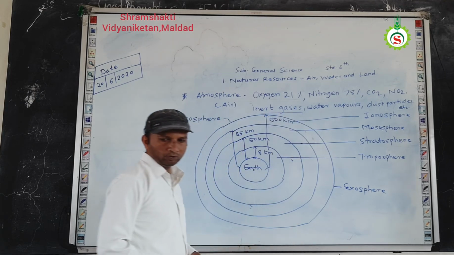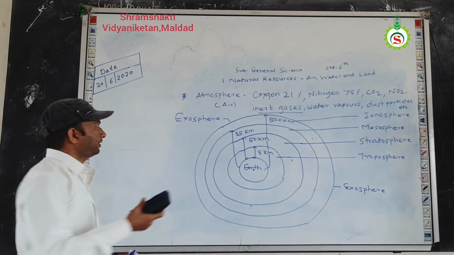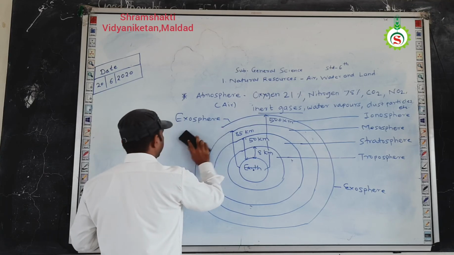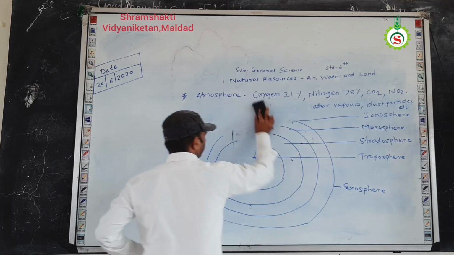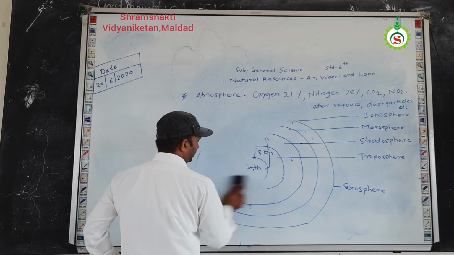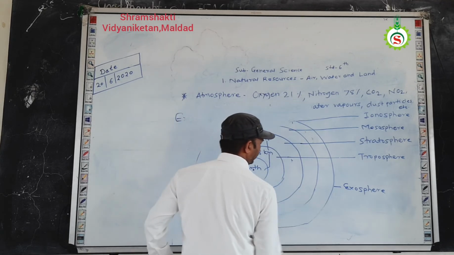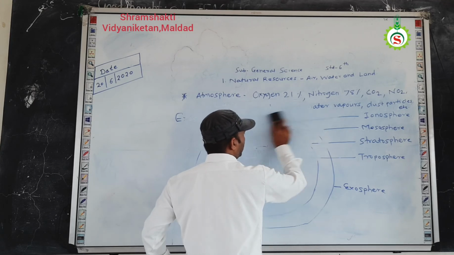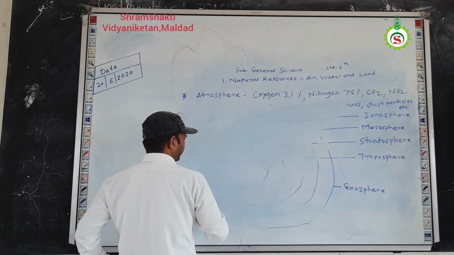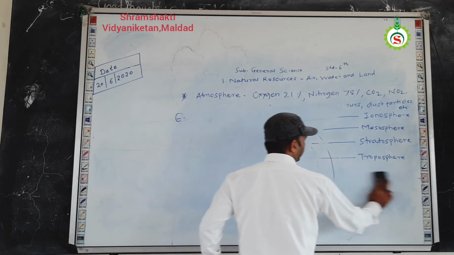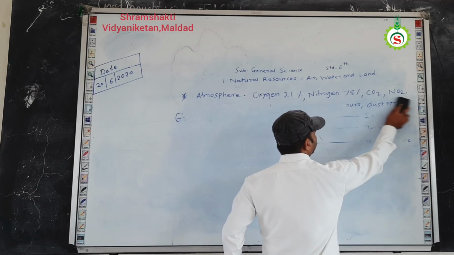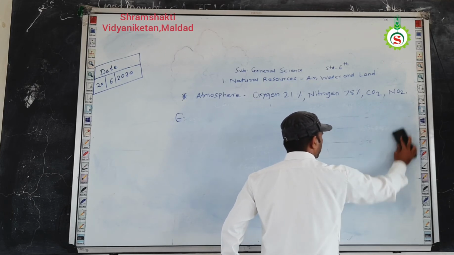I will tell you in brief what inert gases are. There are 6 important inert gases present in the atmosphere, and we will discuss them in short.